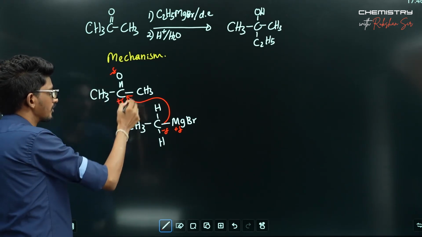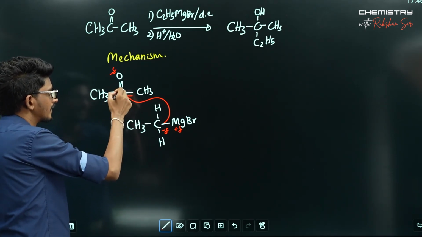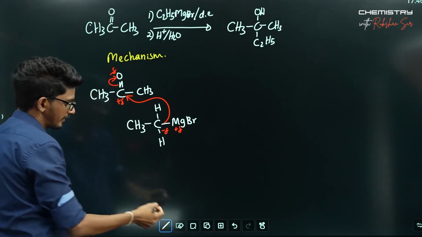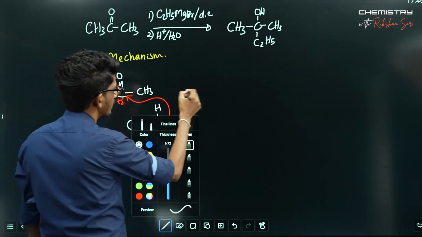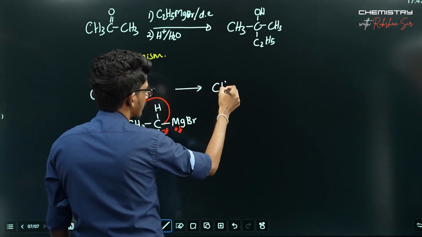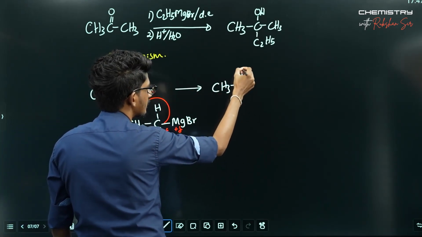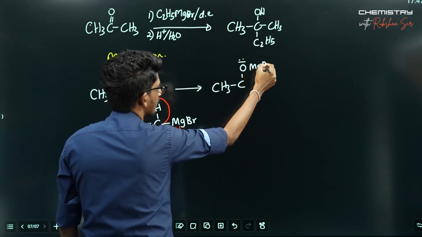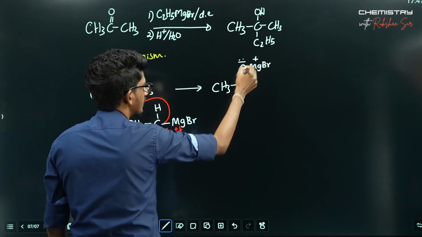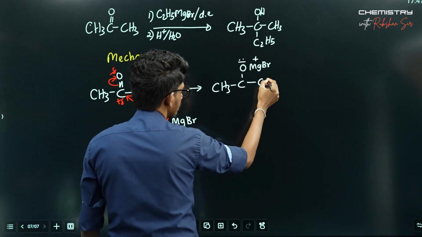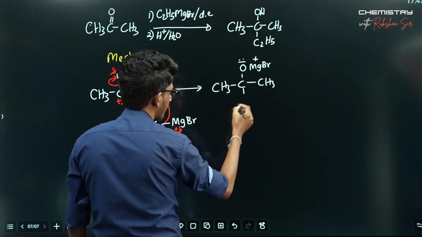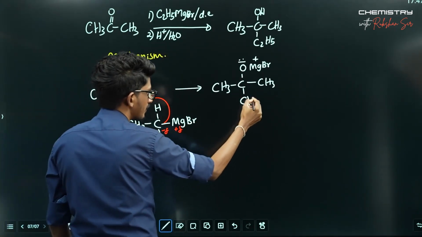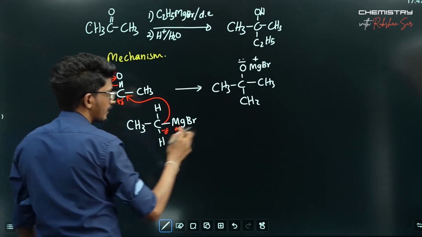So when this carbon forms a new bond, the weakest bond will break, that is the pi bond. So with this, we'll come up with this intermediate state. The MgBr will connect ionically here. This carbon is connected, so that carbon is with 2 hydrogens and some CH3.